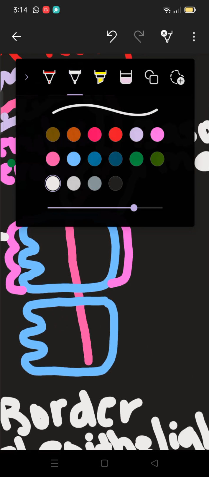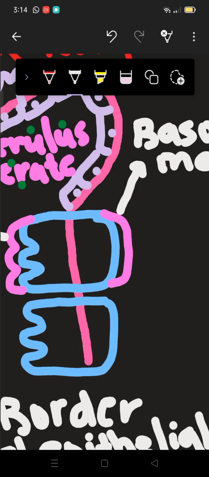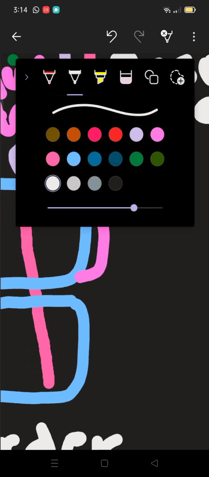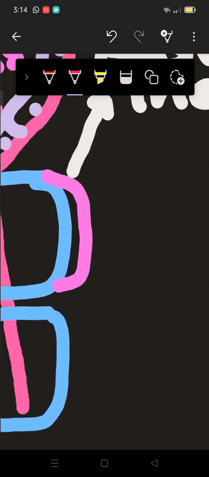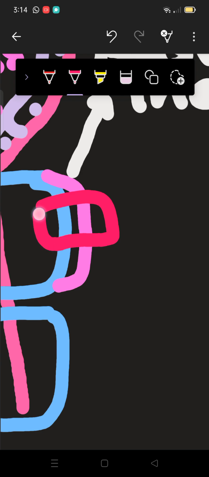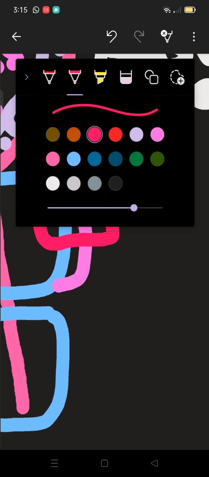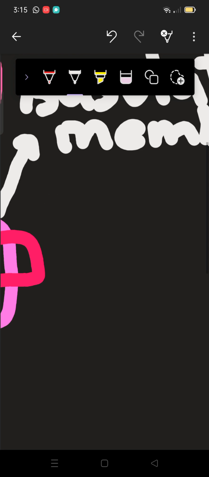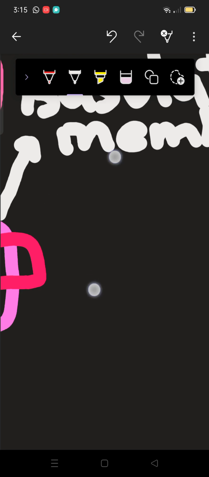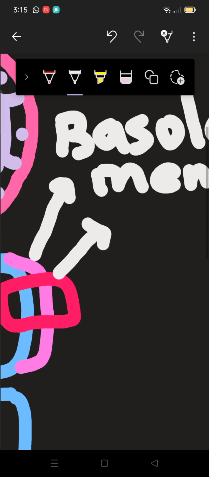Now we have a pump here in the brush border cuboidal epithelial. I am going to make this pump. Here we have the pump known as the sodium potassium pump. Let me write sodium potassium pump.